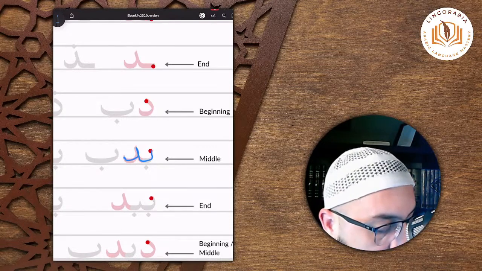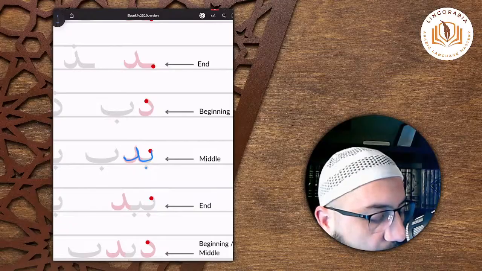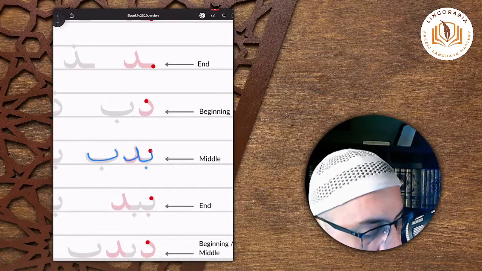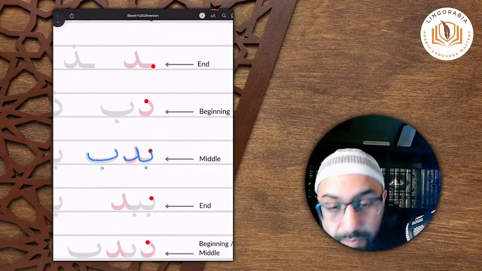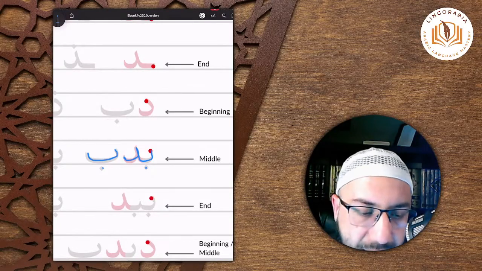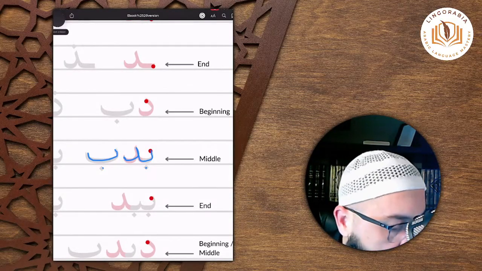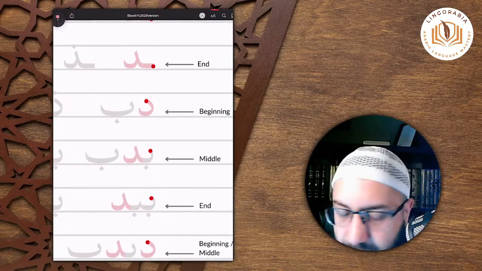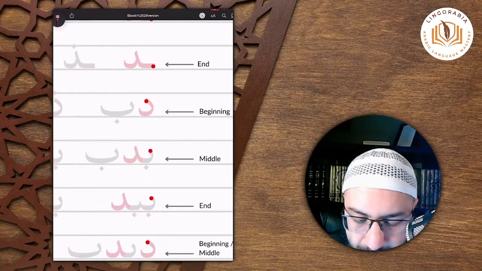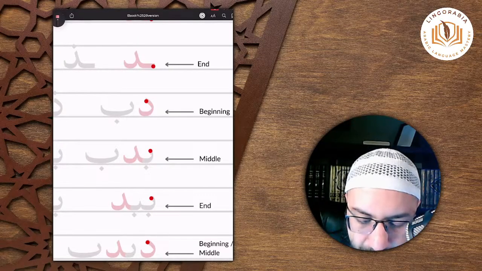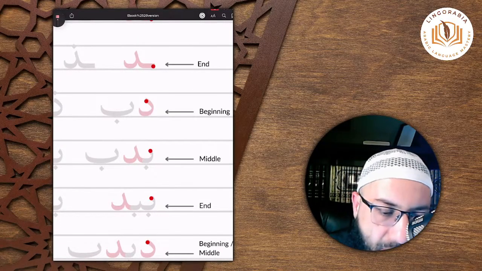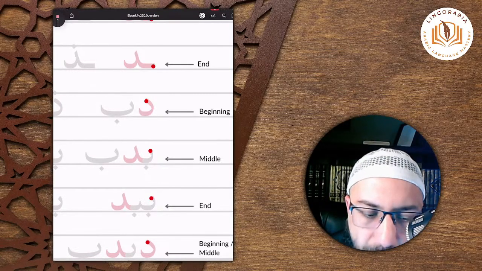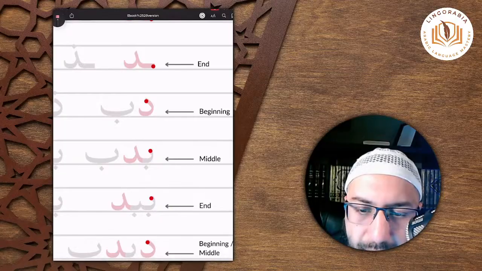Once you release the pen, you go back and add the dot for the ba, and then you write the ba after the dal. Does this make sense, guys? All clear?